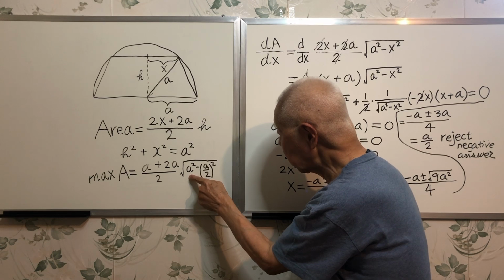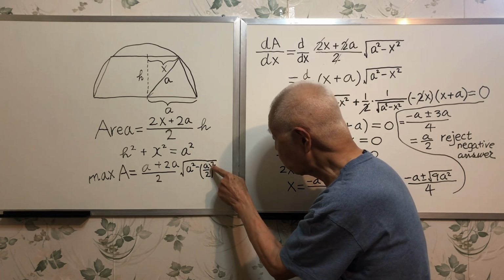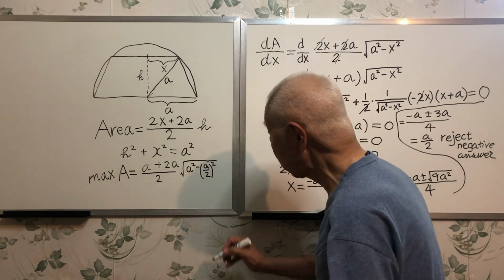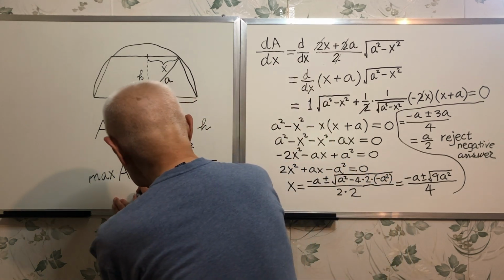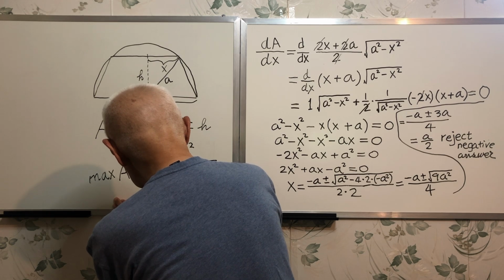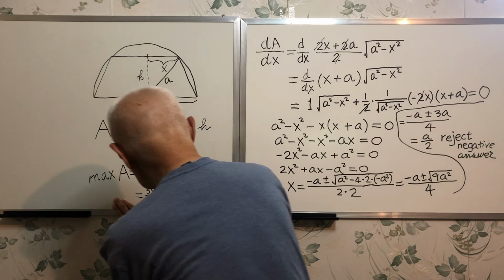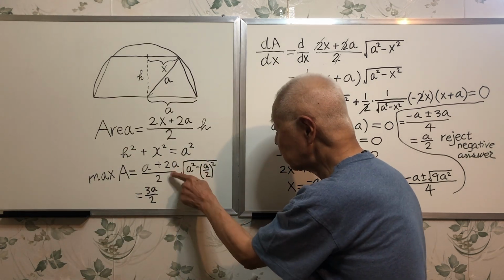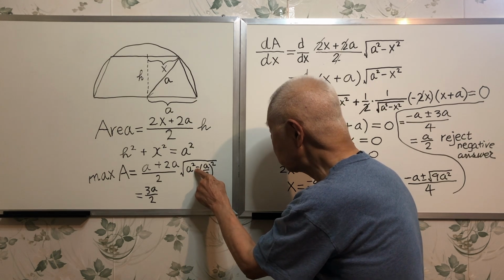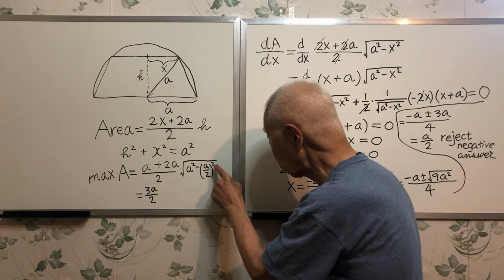So a squared minus x, x is a over 2, squared. Take square root. So what do I have? Three a divided by 2, and here is 1 minus a quarter of a squared.